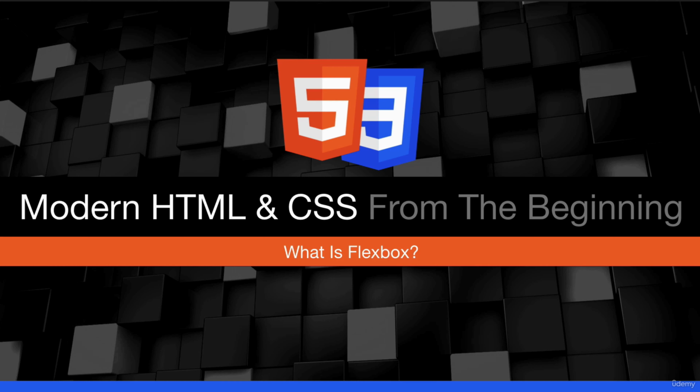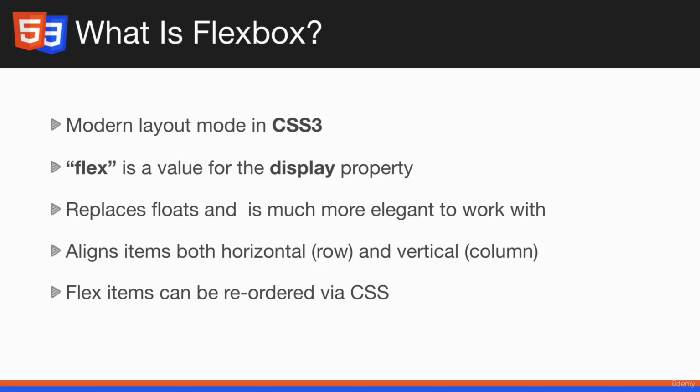So from now on, we're going to do away with floats and use Flexbox and/or CSS Grid when we get to that. Okay, so Flexbox is basically a modern layout mode in CSS3. We assign flex to the display property, just like we have display block, display inline block, display none.